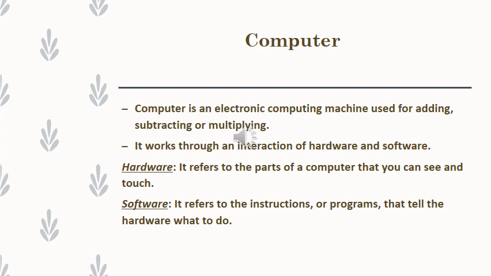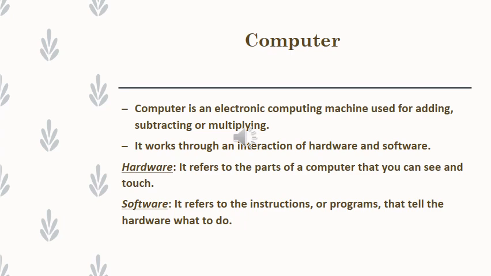Software refers to the instructions or programs that tell the hardware what to do. We deal with word processing programs to write letters on the computer. That is a type of software. Operating systems like Windows, Linux are software which manage our computer and all the devices which are connected to it.